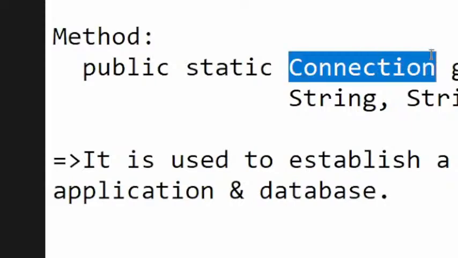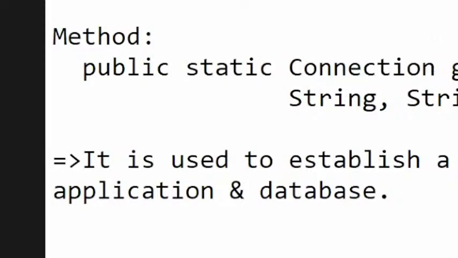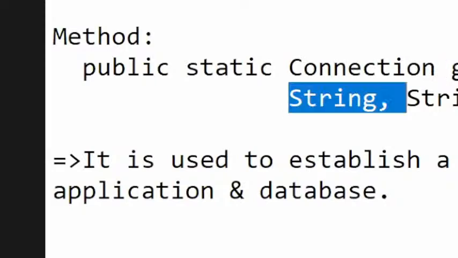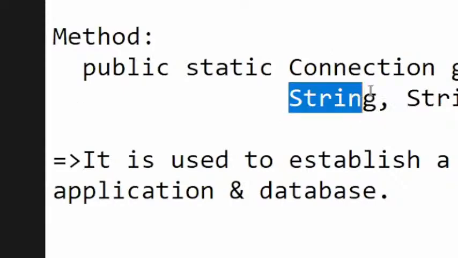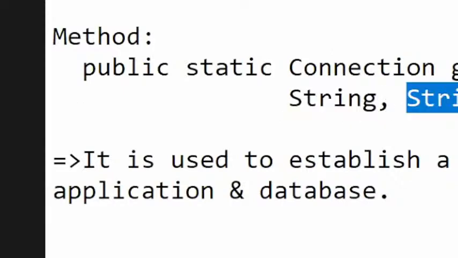Connection con = DriverManager.getConnection. How many parameters? Three parameters, of String type, all in double quotes. Here the URL, here the username, here the password. Will it throw an exception? Yes, because of the throws keyword. Which exception?